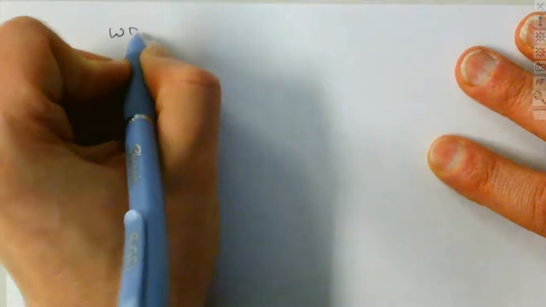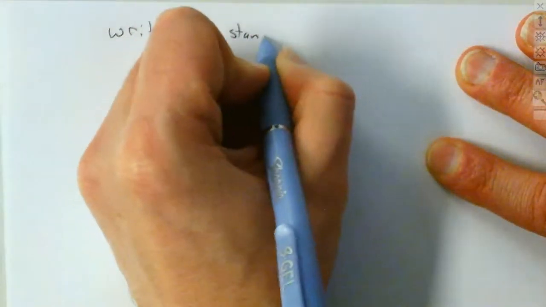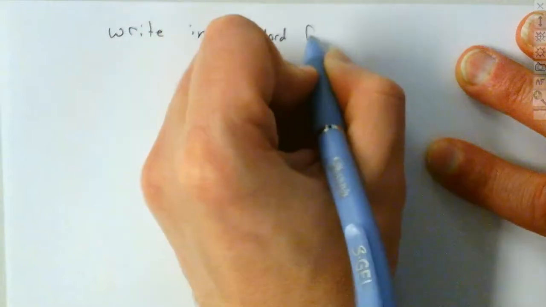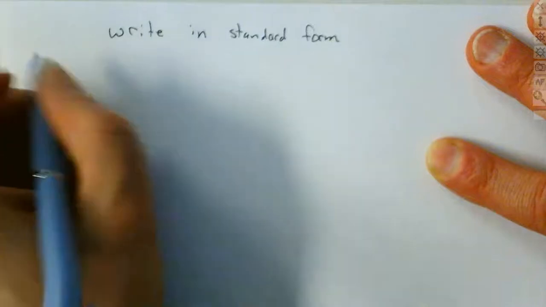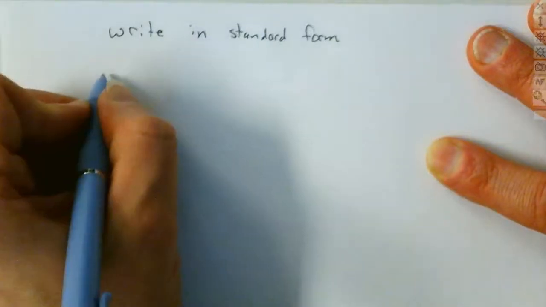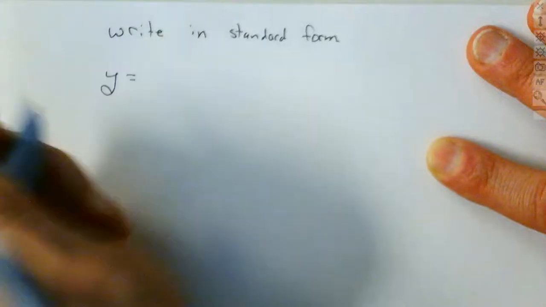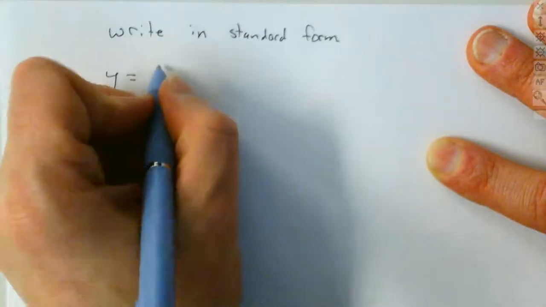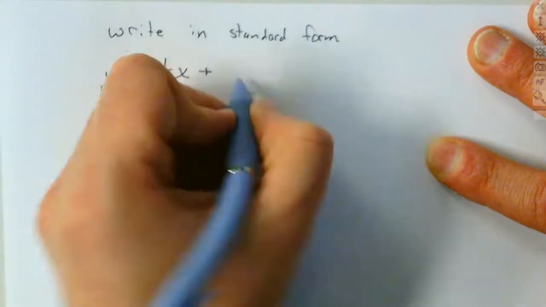Now, what's important about standard is you cannot have fractions. So we're going to write this in standard form. And how about we have y equals 1/3 x plus 2.